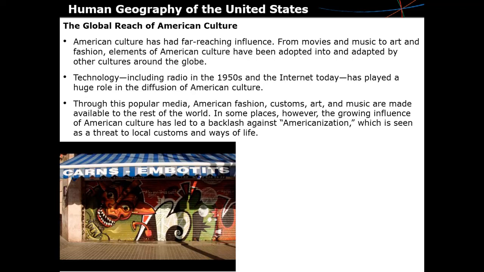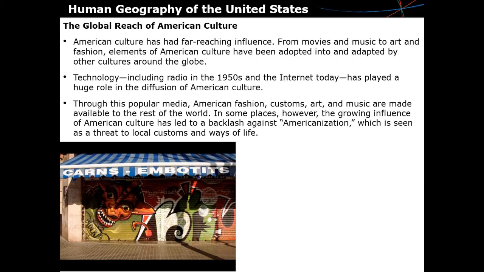Now, when you think about it, some people love the idea of what it is to be American and American pop culture. In some places, there's actually a backlash to what they call Americanization. You can see where if you've been living a certain way for many years and all of a sudden people start coming and thinking that another way of living is good, there could potentially be a backlash.